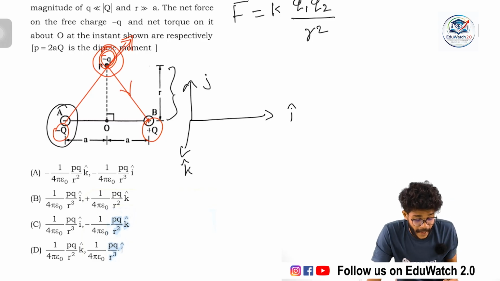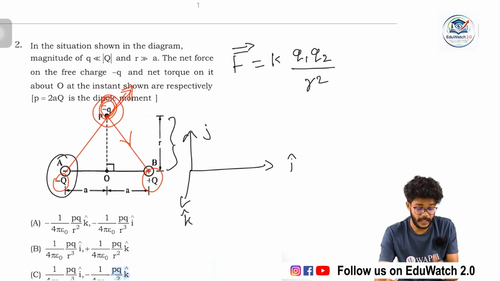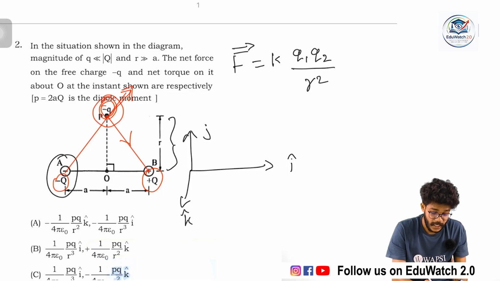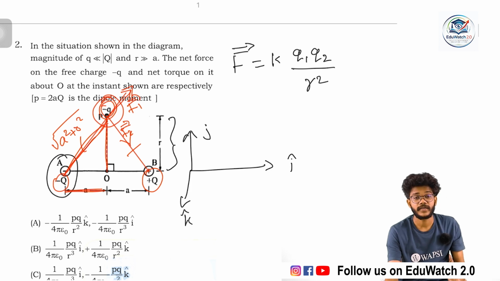The magnitude F is equal to q1 q2 by r square, where q1 and q2 are the same, and r is the same, because this distance is root of a square plus r square, the same in both. So if this is F1 and this is F2, the magnitudes are the same.